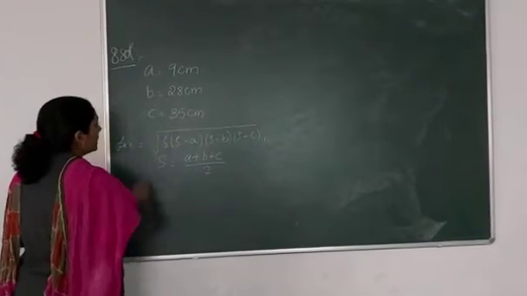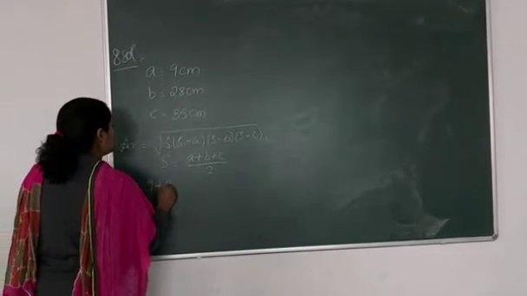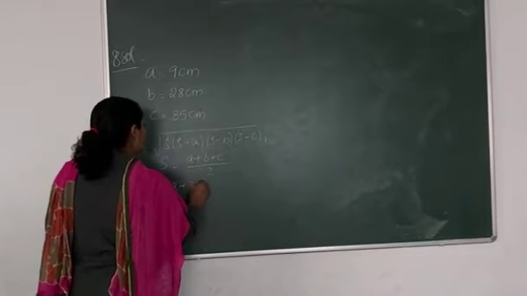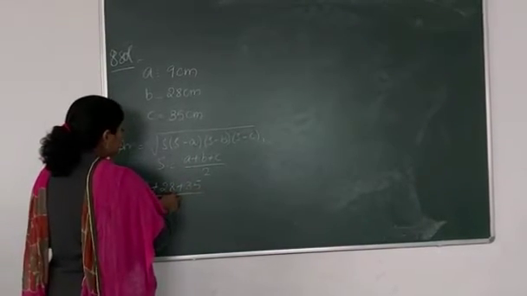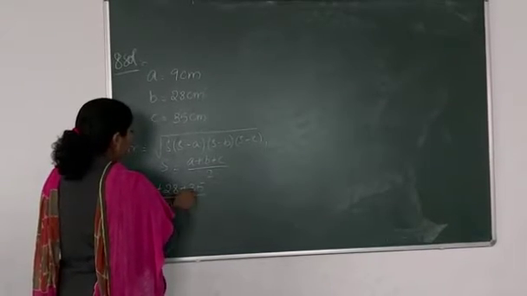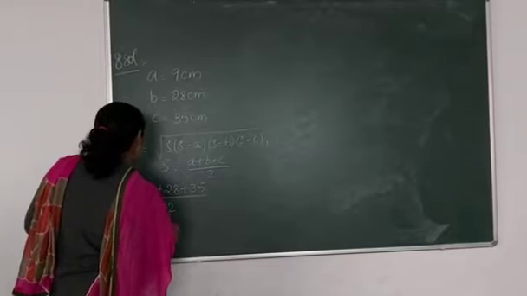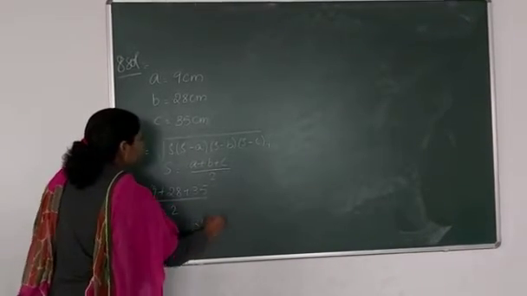Yes? So now the value of s is (9 plus 28 plus 35) by 2, which is 72 by 2, which is 36.